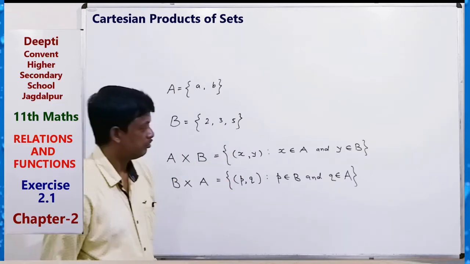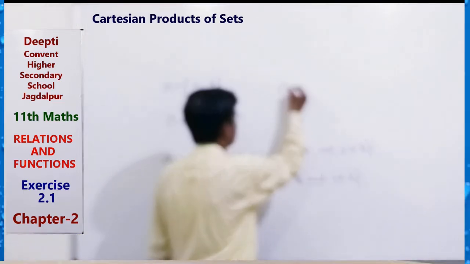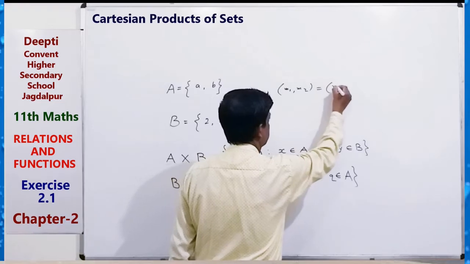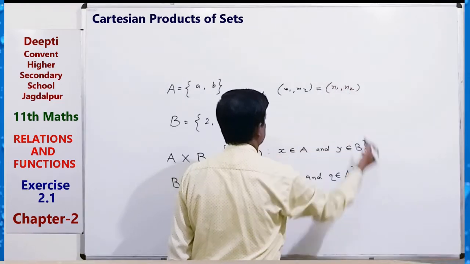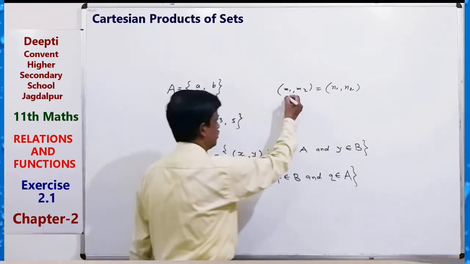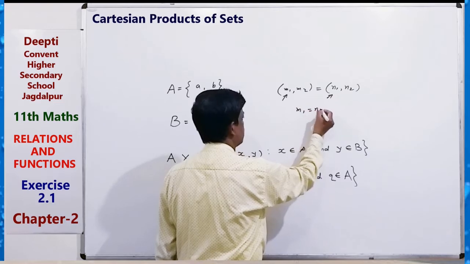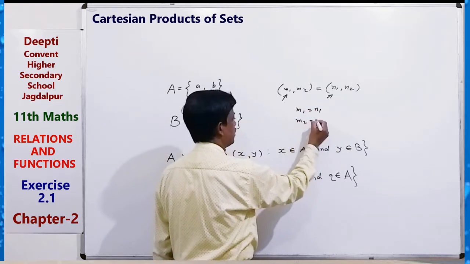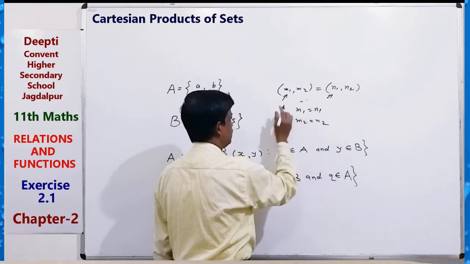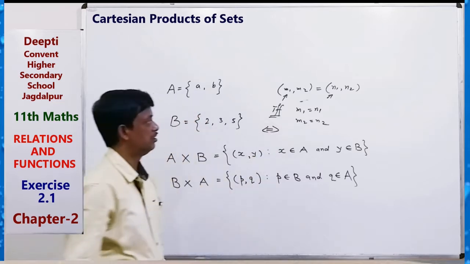We know when two ordered pairs, suppose (m1, m2) and (n1, n2), are equal: corresponding elements are equal. That is, m1 equals n1 and m2 equals n2.